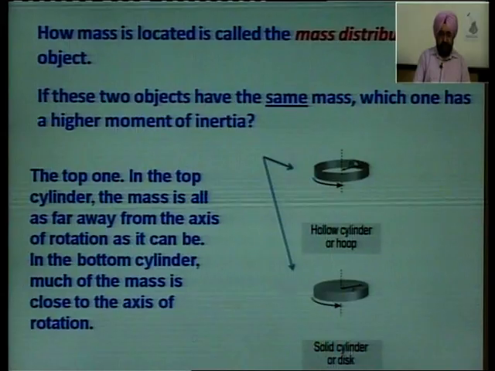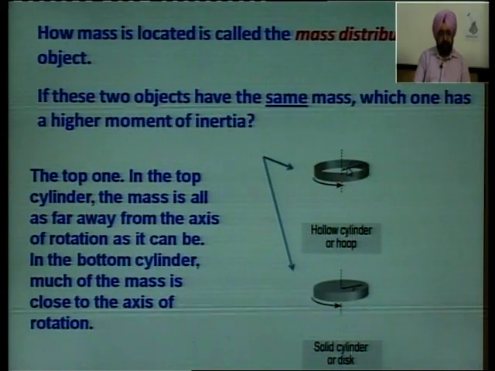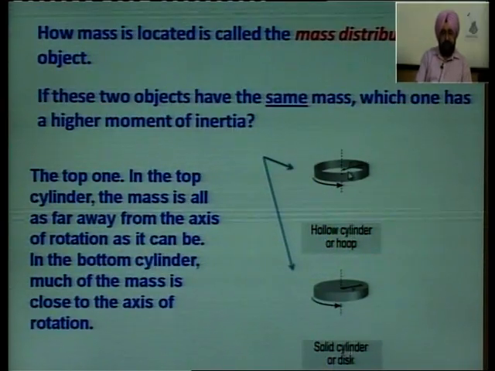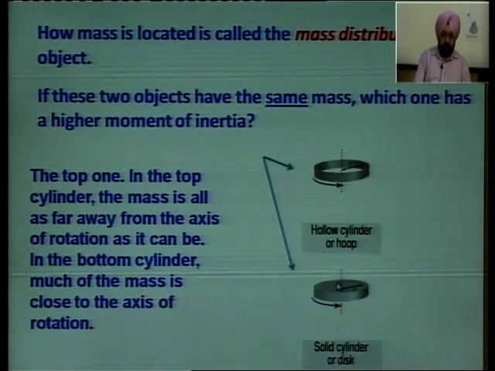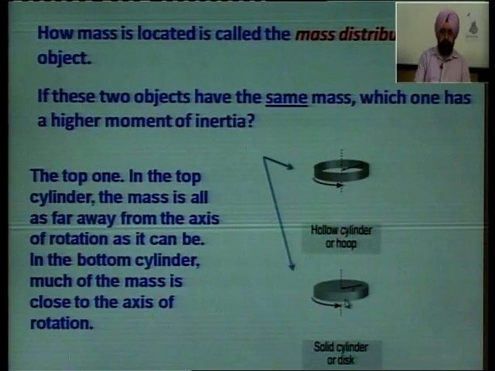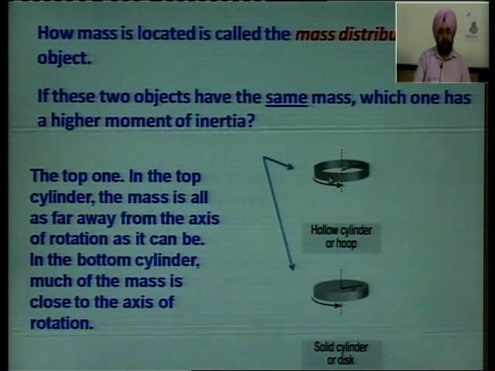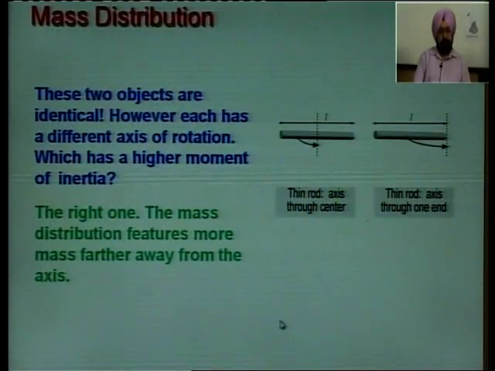So in this ring or hollow cylinder, the mass is as far away from the axis of rotation as it can be, whereas in this cylinder much of the mass is concentrated close to the axis of rotation. So the moment of inertia of this hoop is more as compared to the moment of inertia of the disc.